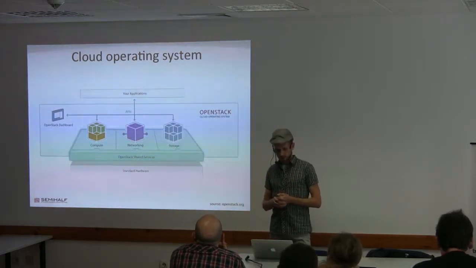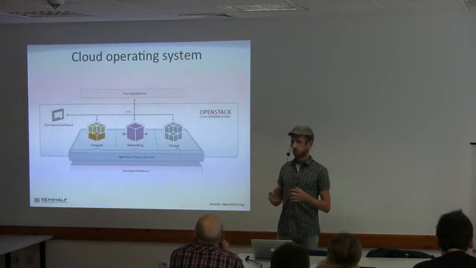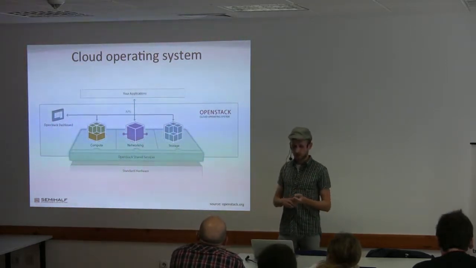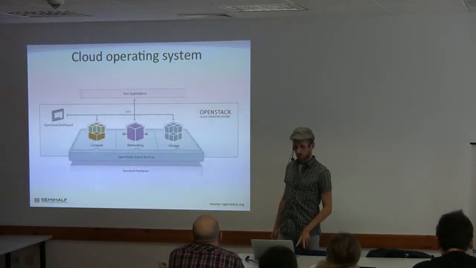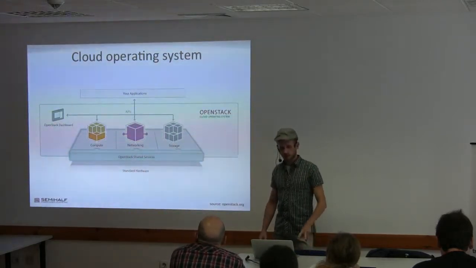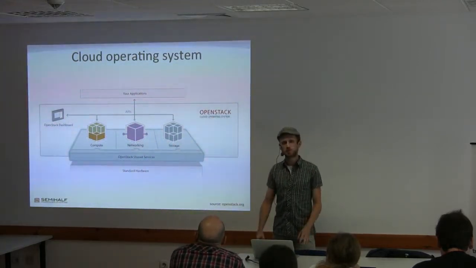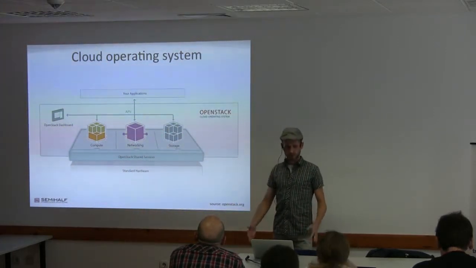They divided it into three major functionalities: the compute, the networking, and the storage. I'll focus on those two first, compute and networking. About compute, because we have to have the ability to spawn a VM on a given machine. So it is necessary.